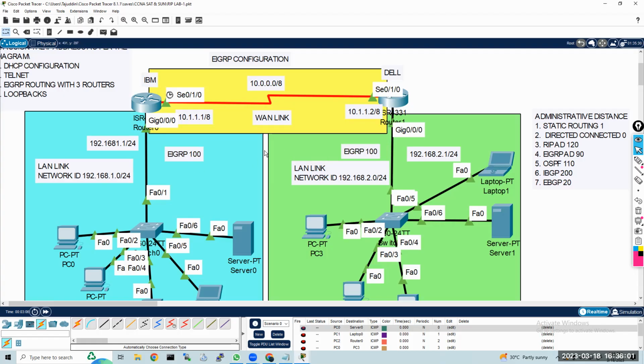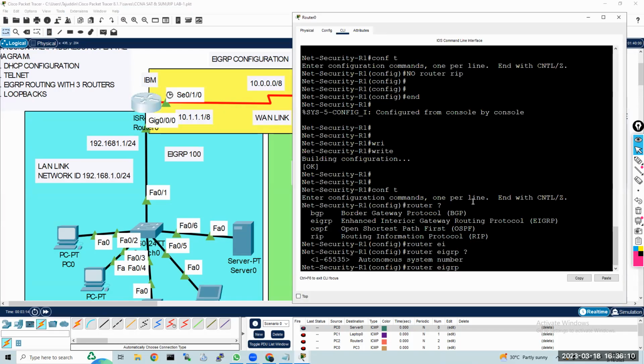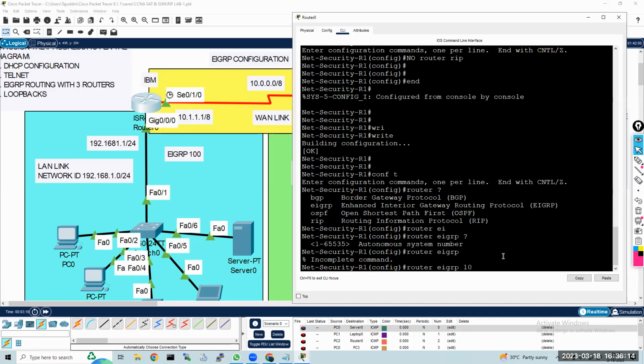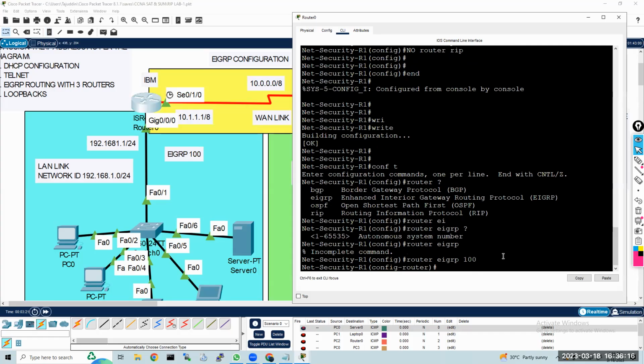If you change this value, they will not form the neighborship, they will not form the adjacency. That is called the autonomous system number. Autonomous means independent. We can give any number between 1 to 65,000, but when you want to communicate with the neighbor router, you must use the same.